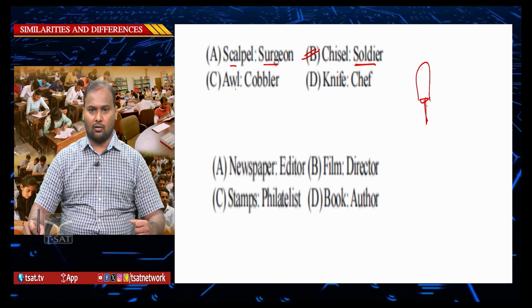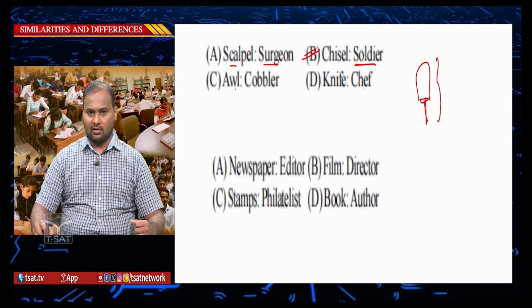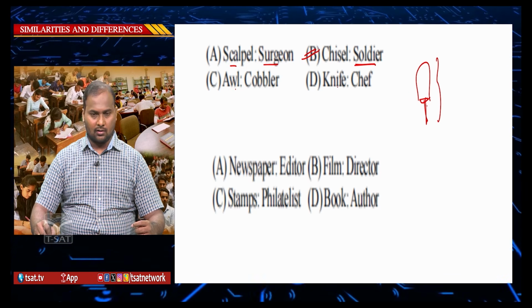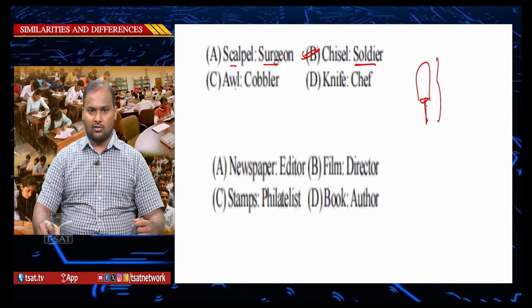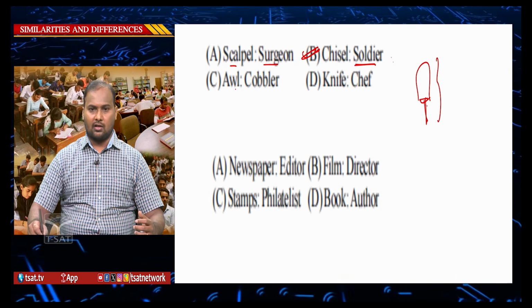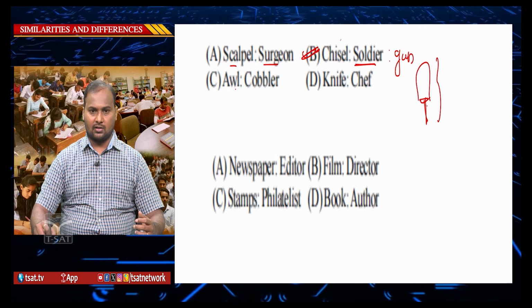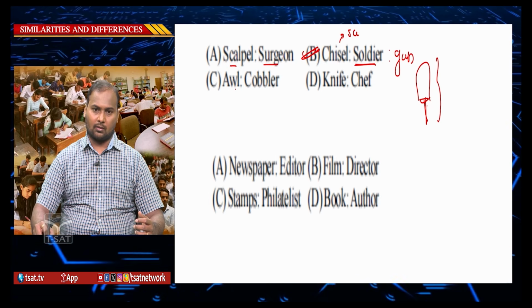That is called an awl. Next one is knife and chef. You know that a chef uses a knife to cut fruits and vegetables. So the answer is option B, because the soldier pair is not matching. For soldier, the answer should be gun, or if it is chisel, then it should be sculptor.